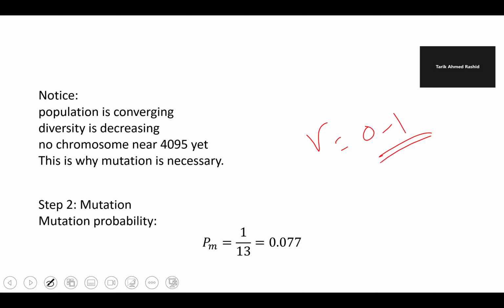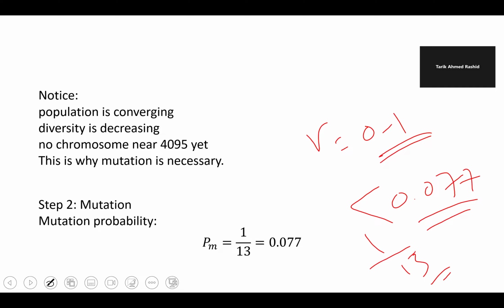We toss it, and if that random value is less than 0.077, and I'll tell you why this 0.077 came from: 1 over 13 bits, because in the encoding we have 13 bits.